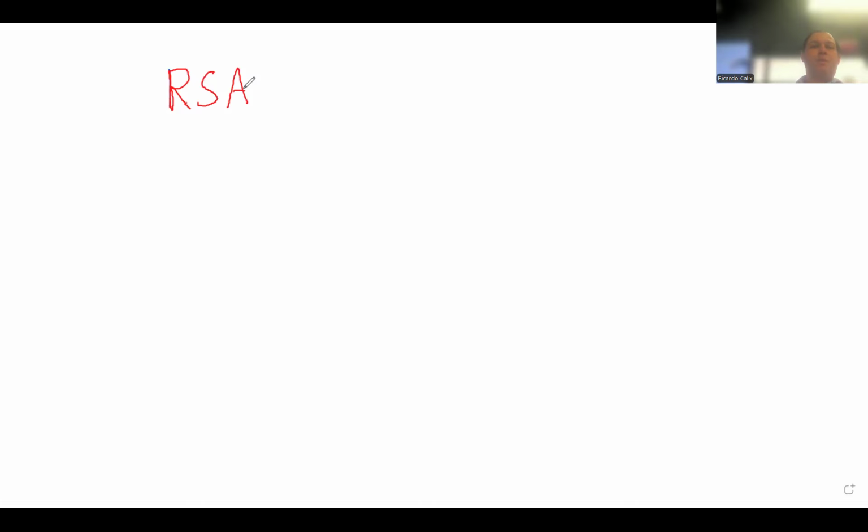Then there was a call to implement that as a full algorithm. Many people answered the call, and these three researchers, by their names, RSA, created an algorithm, and they called it RSA, and it was chosen as the best algorithm for this task.